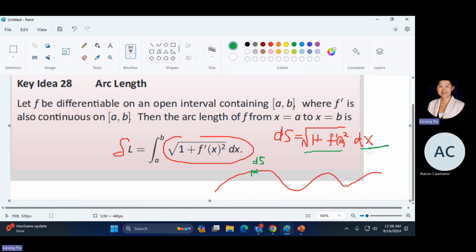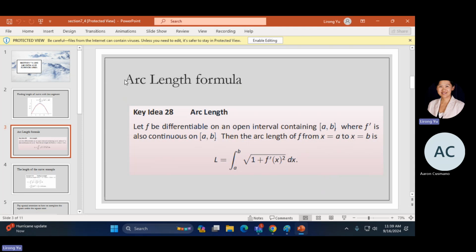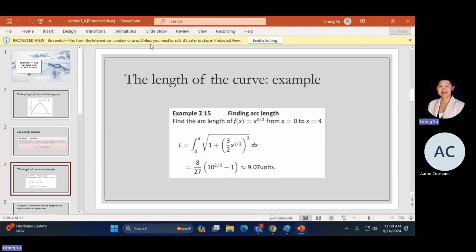So ds dx will be that. This is something we'll come back to again. Whenever you want to represent a small piece of the curve, we'll be using this differential. That's what we're going to use in the area calculation, the surface area. But first, let's look at a couple of examples for the arc length calculation.